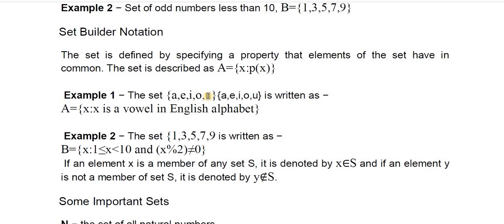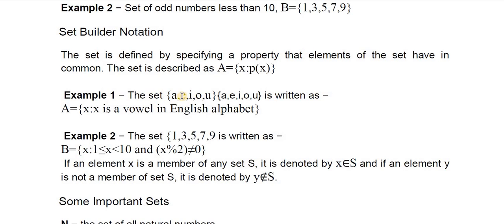For example, the set A, E, I, O, U is written as, the set capital A is equal to x such that x is a vowel in the English alphabet. Here this A, E, I, O, U was written twice by mistake, so you write only once.